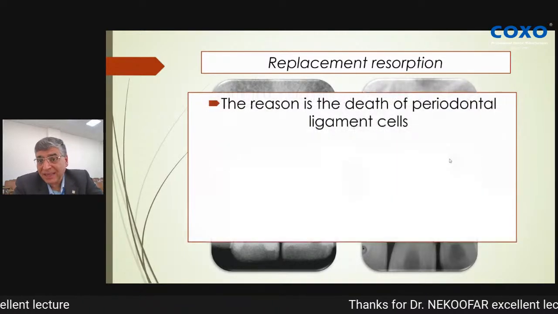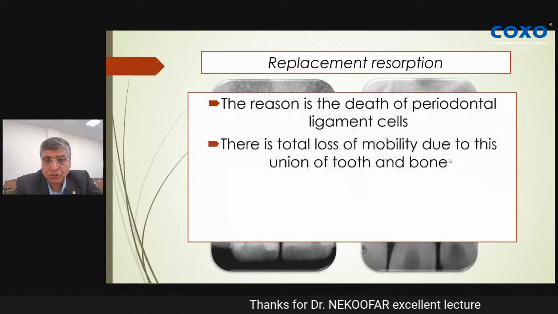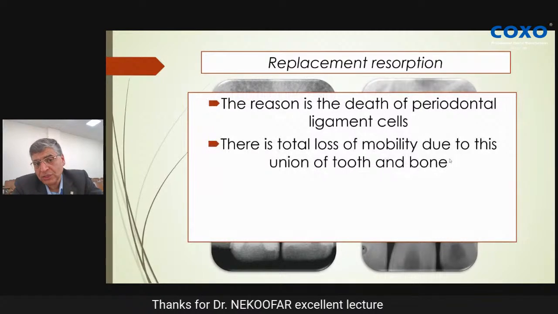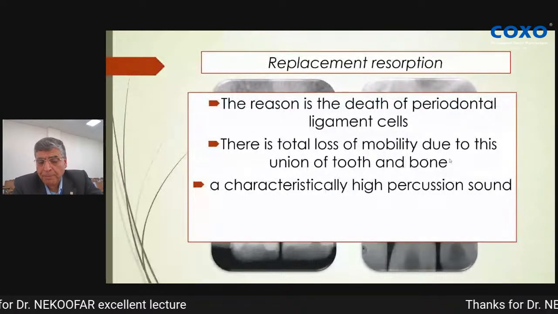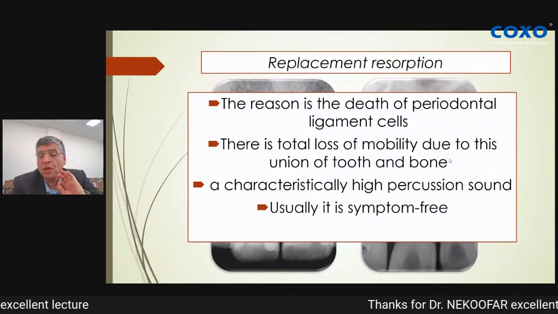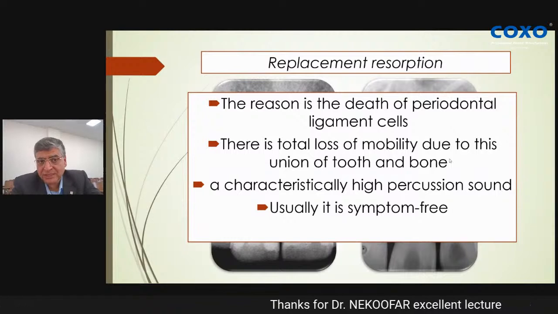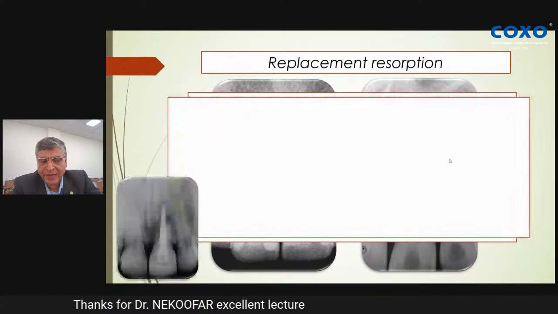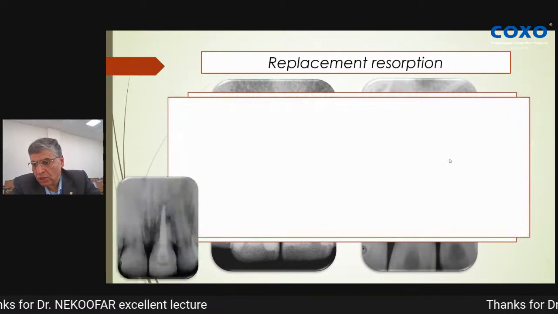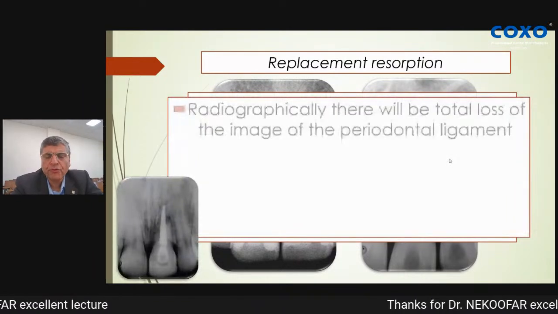The reason is the death of the periodontal ligament cells and total loss of mobility due to union of tooth and bone. A characteristically high percussion sound is diagnostic for this type of replacement resorption, and most of the time it is symptom-free and ends up with the loss of tooth structure.